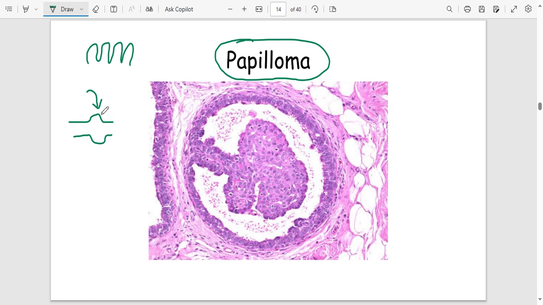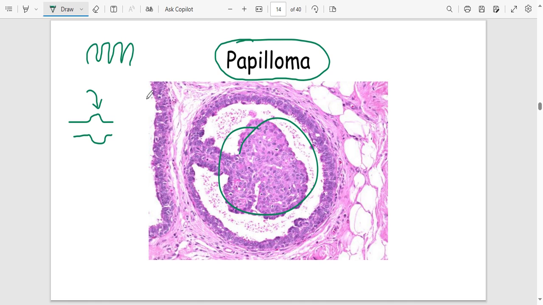So the large duct papilloma is situated on the lactiferous sinus of the nipple. Okay. And it is usually solitary, meaning it is usually alone. And then the small duct papillomas are usually multiple within ducts.